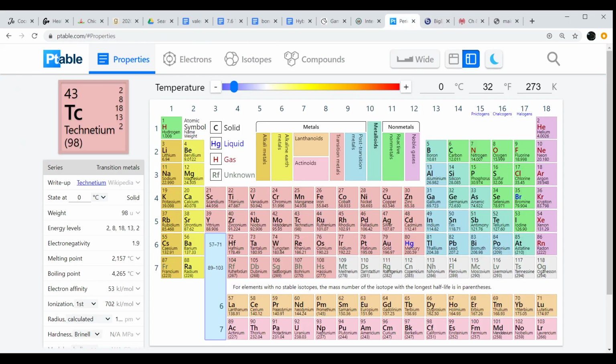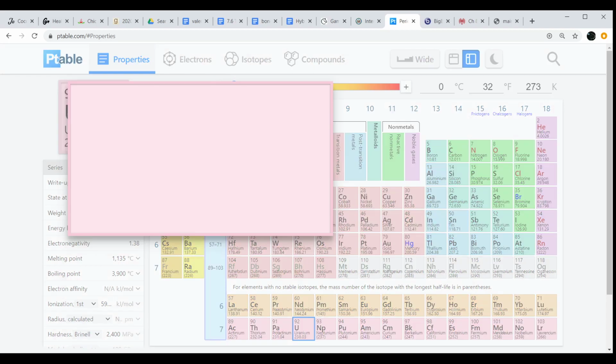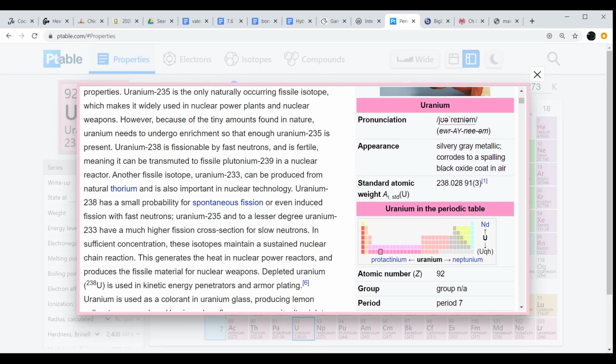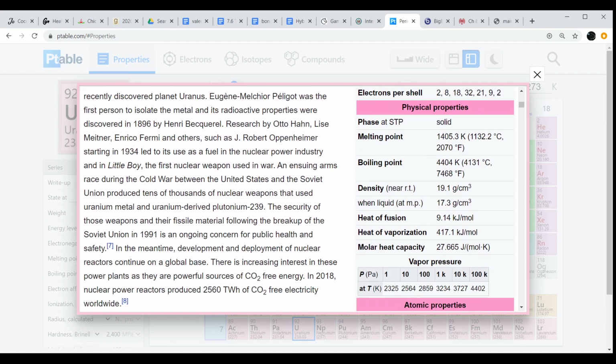One thing to note is that the transition metals also include these right here. Even though they seem like they're special, they end up being the same type of deal. Uranium, if we click into uranium here, hopefully it'll let us click into it. Uranium is another one of those that can have many oxidation states.